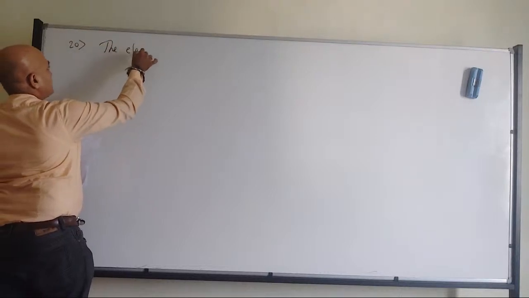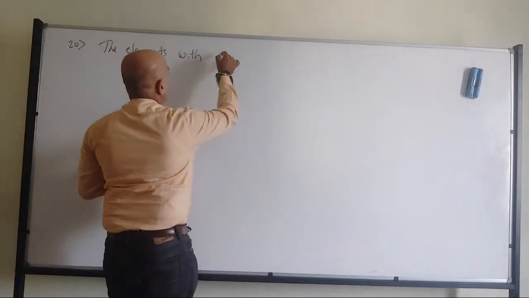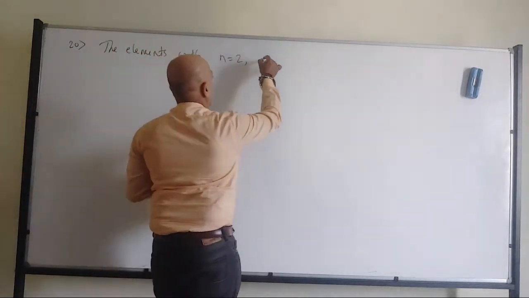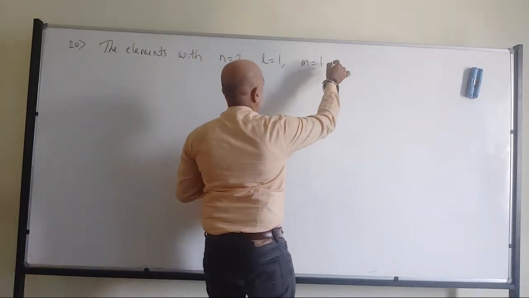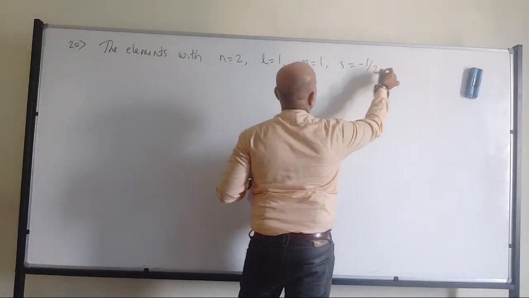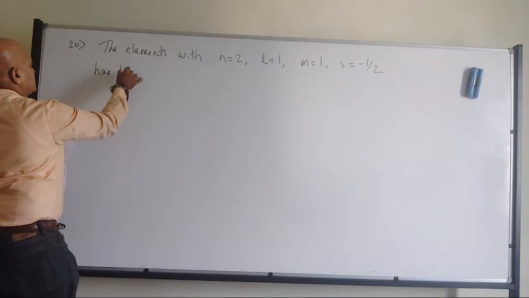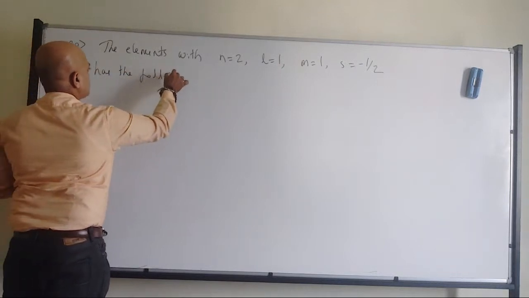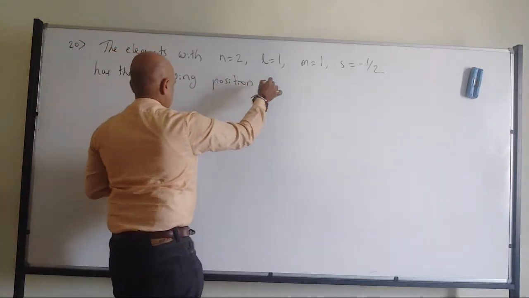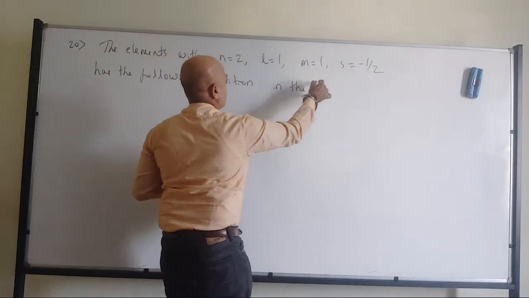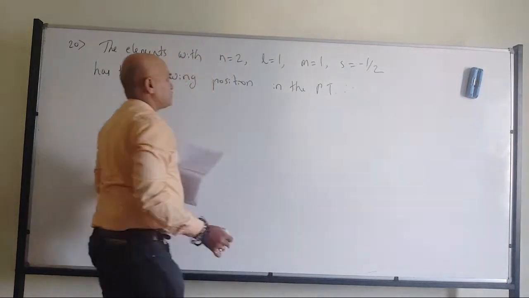The element with n is equal to 2, l is equal to 1, m is equal to 1 and s is equal to minus half has the following position in the periodic table. Here I am using the short form periodic table.